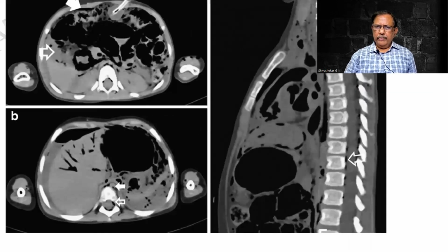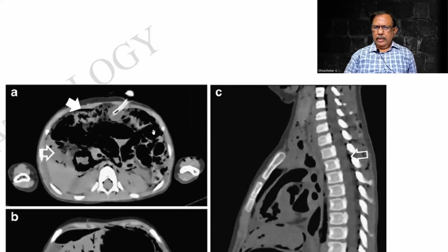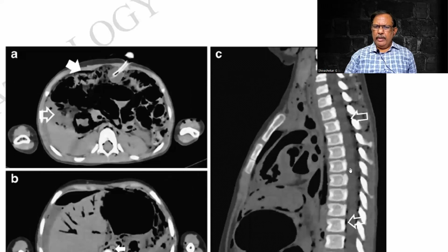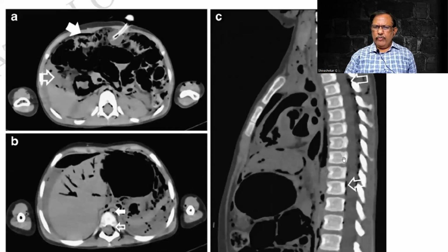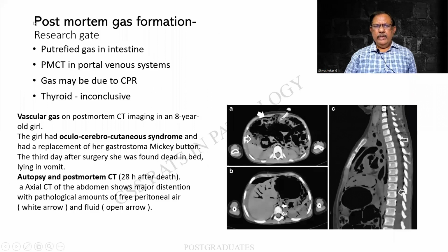Look at the advantage of my classes. This is the spine over here, and under the spine there is gas, pointed out by this arrow. And also along this vertebra there is gas. So this is the sagittal section displaying the air shadows. All this can be made out by using this CT.